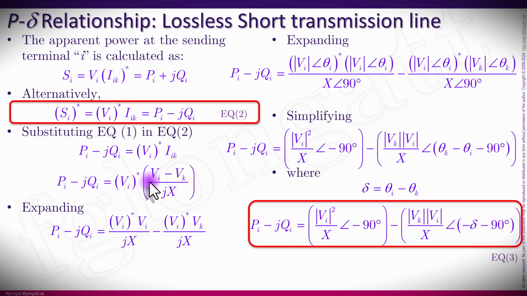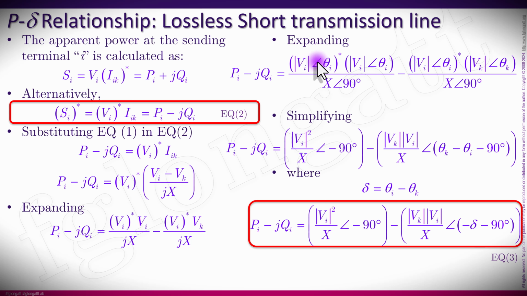And you can see that the definition is over here, Vi minus Vk divided by jX. So now it's just a question of using some mathematical properties. The first step is I will expand this product, and on the first term you can see that we are multiplying the conjugate of the sending voltage and the sending voltage. On the second term, at the numerator, we have the conjugate of the sending voltage multiplied by the receiving voltage.